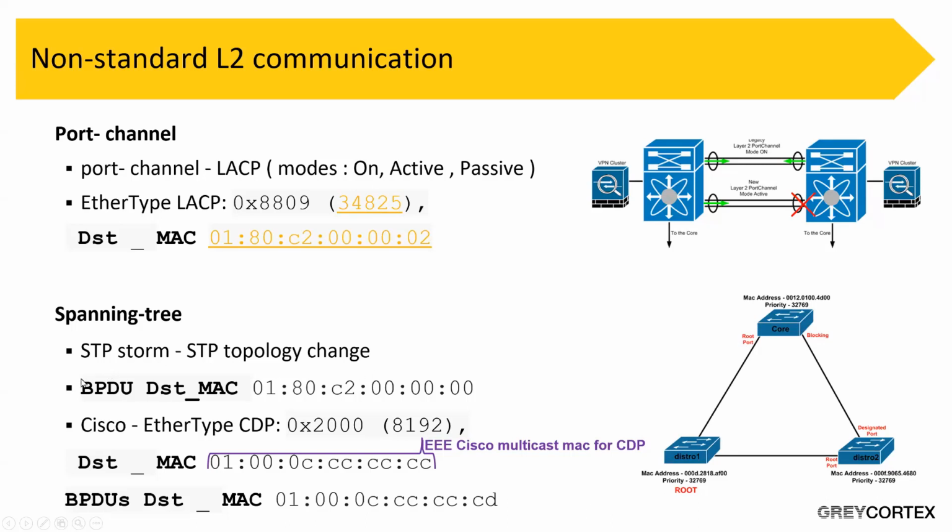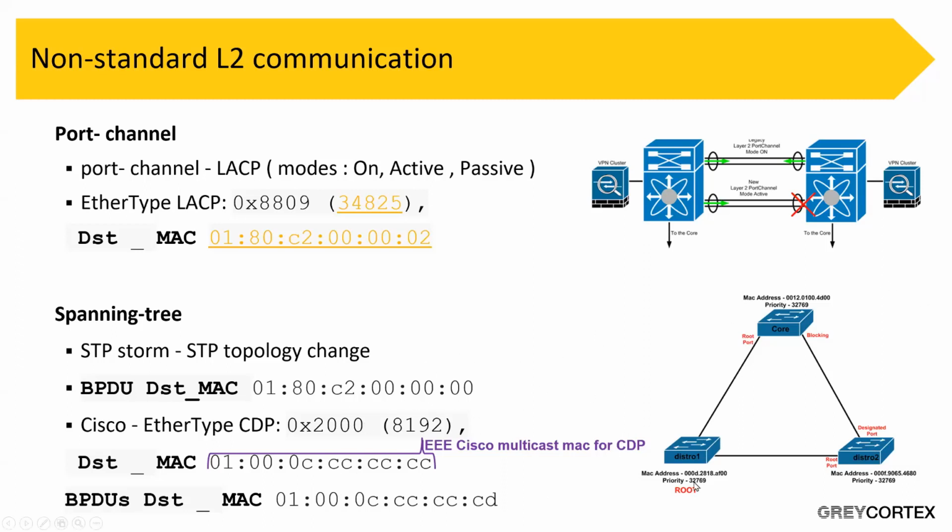There are several flavors because they started with STP as a great solution, and then there was a rapid STP, RSTP, and then you have also the VLANs over STP, and then the multiple STP. So several flavors with several purposes.